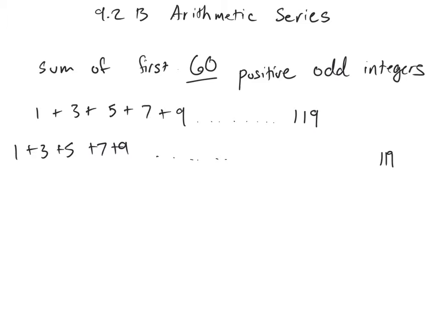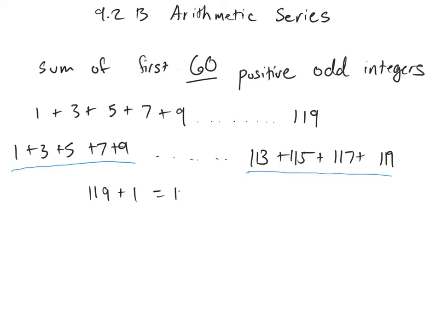Before 119 we'd have 117, before that 115, and before that 113, etc. If I cut the sequence in half and lay the first half with the second half on opposite ends, I notice that 119 plus 1 is 120, 117 plus 3 also gives me 120, and 115 plus 5 gives me 120.